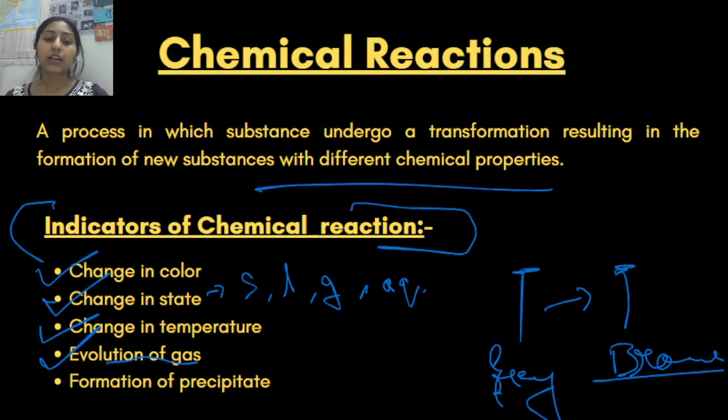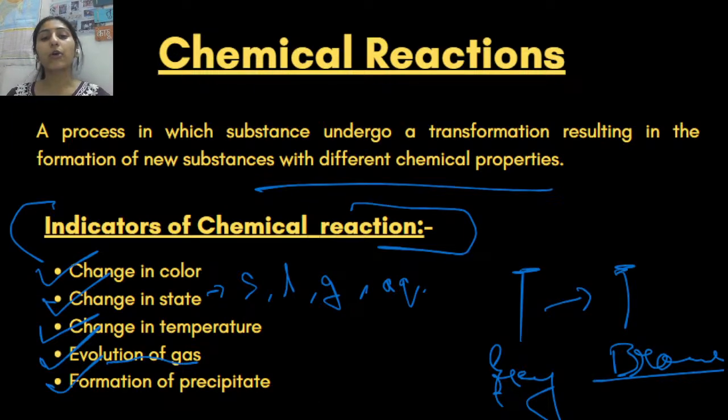Then again there would be formation of precipitate. You might not know precipitate, so we would discuss in further discussions what precipitates are. But briefly, precipitates are basically the substances which are formed after a chemical reaction occurs, right?